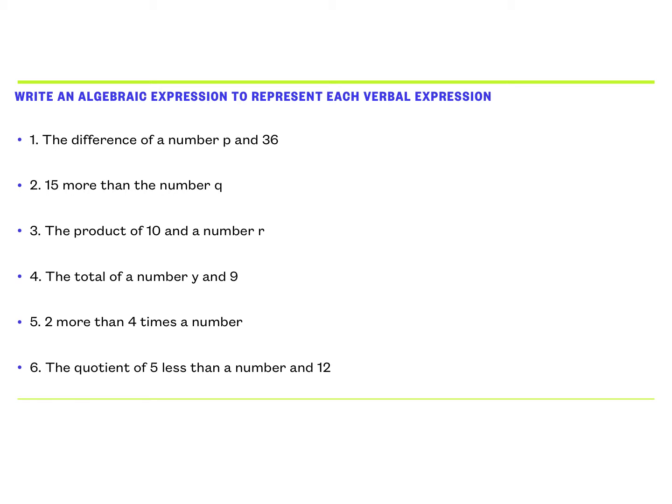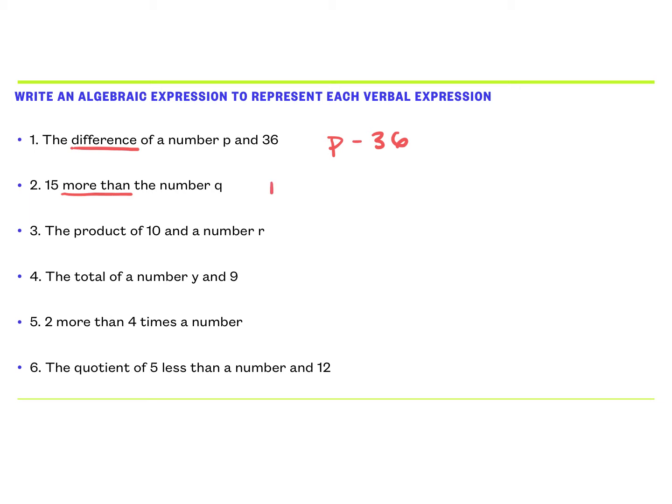The difference of a number p and 36. So what does difference mean? Subtract. So the difference of a number p and 36, we would say p minus 36. Two, 15 more than the number q. So what does more than mean? Addition.